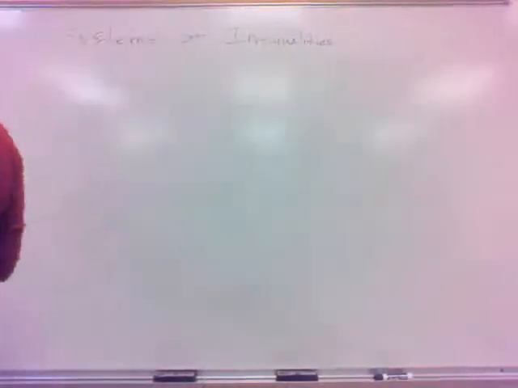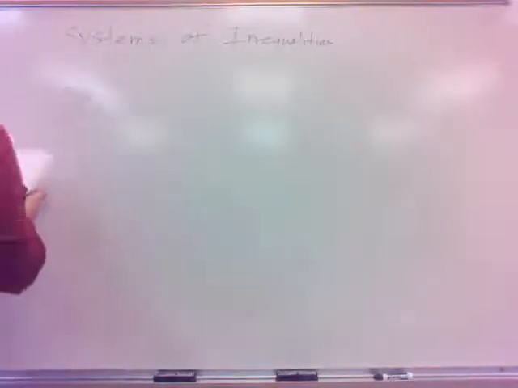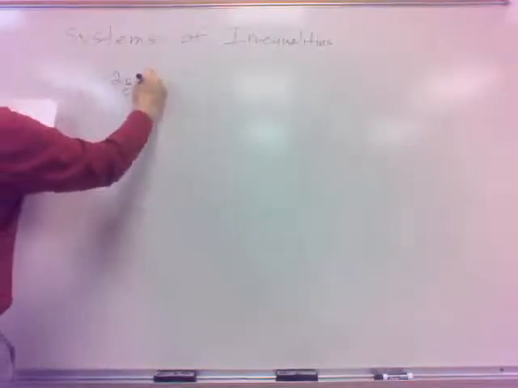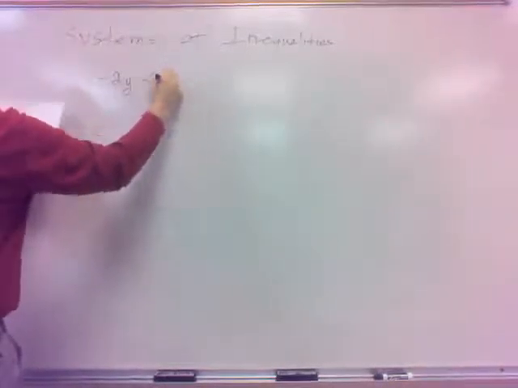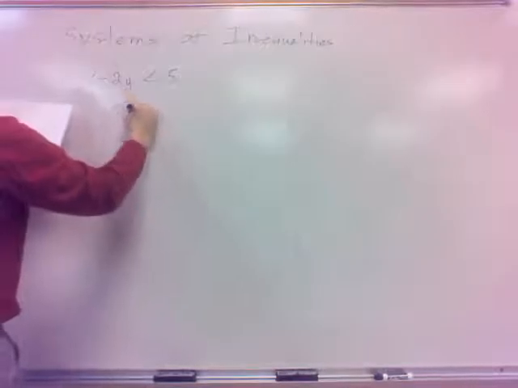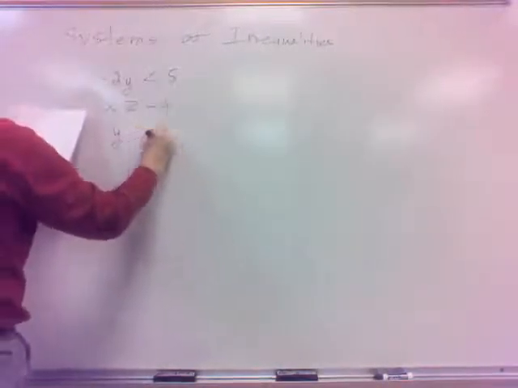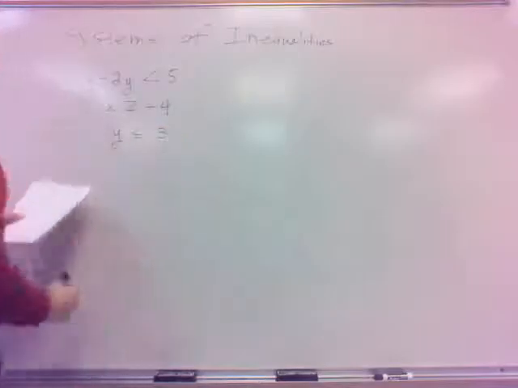So we've got more than one of those. All right, let's do x minus 2y less than 5, x greater than or equal to negative 4, and y is less than or equal to 3.